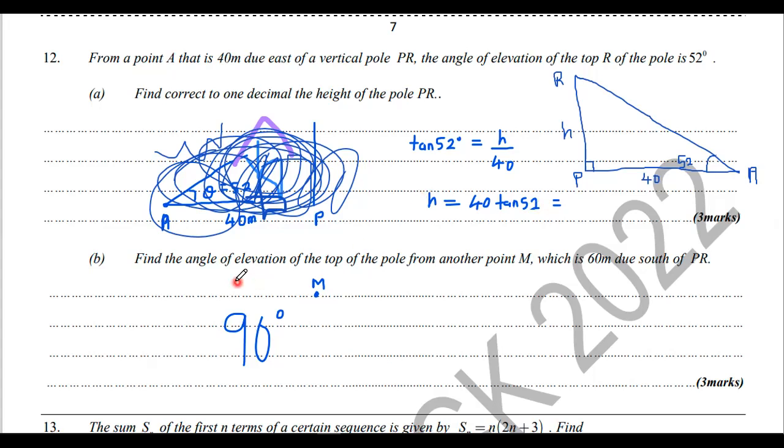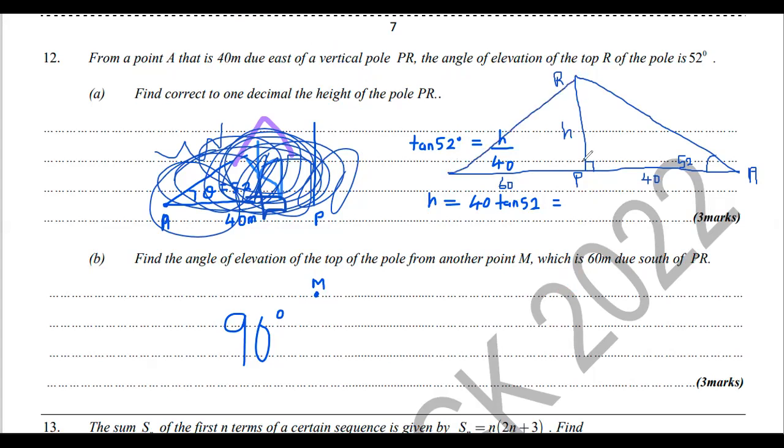Now the next part is to find the angle of elevation of the top of the pole from another point M, which is 60 meters due south of PR. So if I draw this point, this other point is 60 meters in this direction, due south of PR.